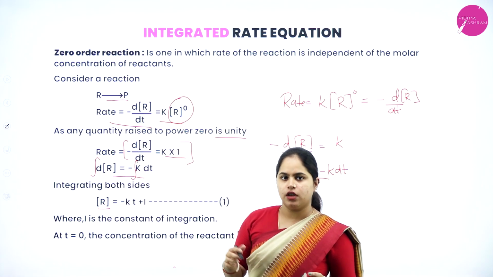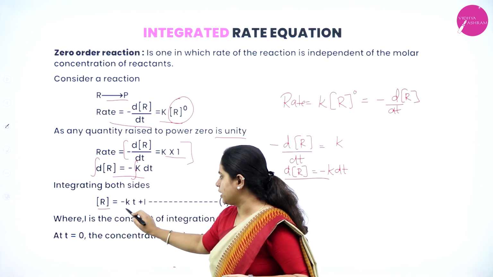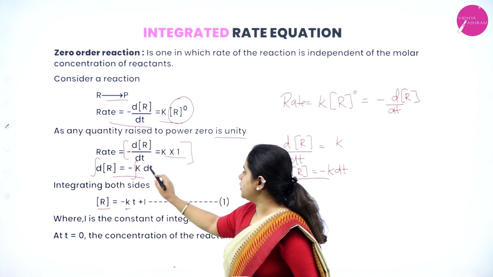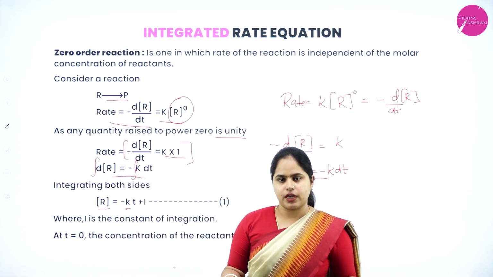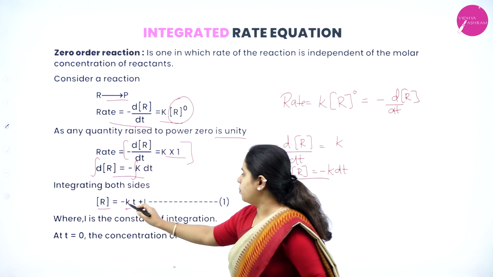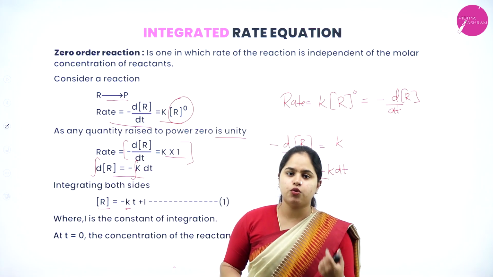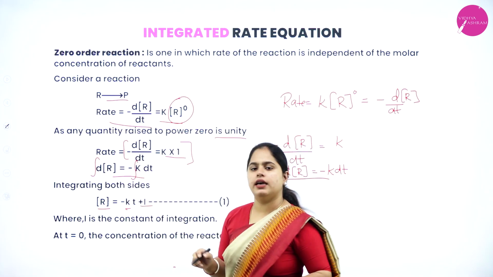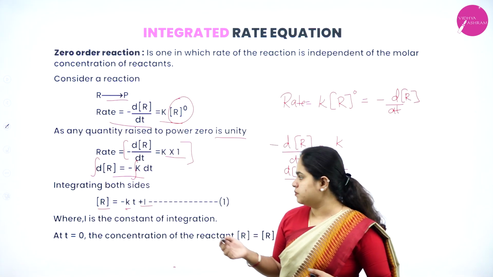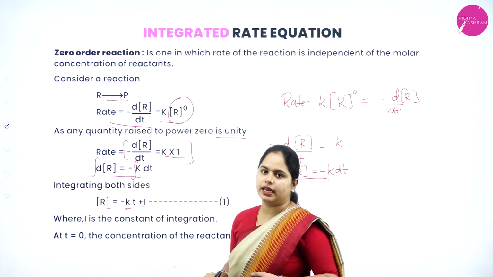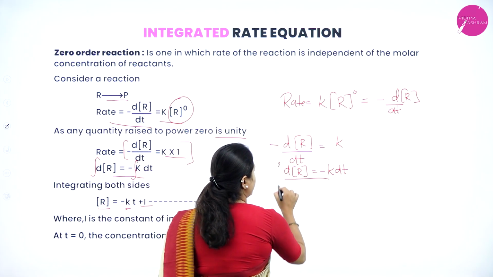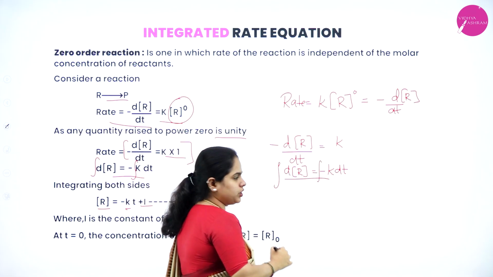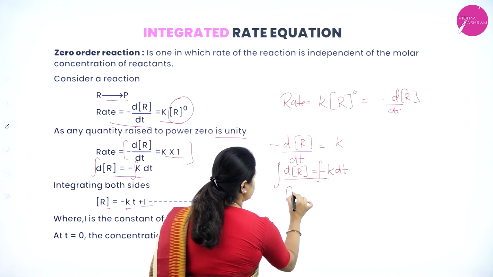K is a constant, so we don't have to integrate it; it is kept outside. The integral of dt will be t, so we get minus Kt. When we are doing integration, a constant is also added, here denoted I. So the equation becomes R is equal to minus Kt plus I. That means if we integrate this equation, dR becomes R.